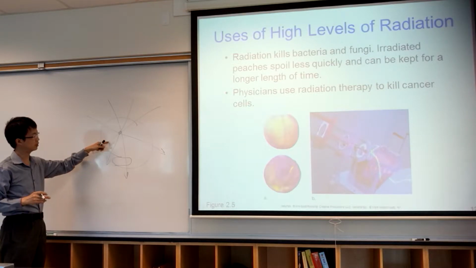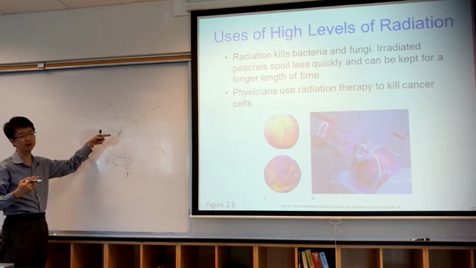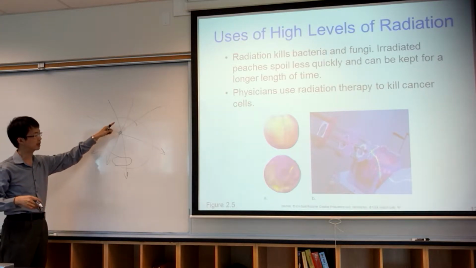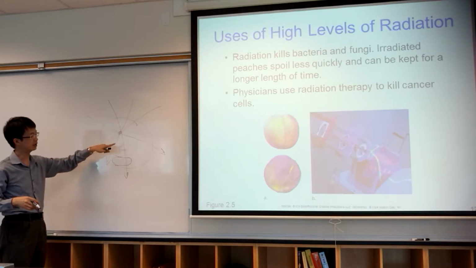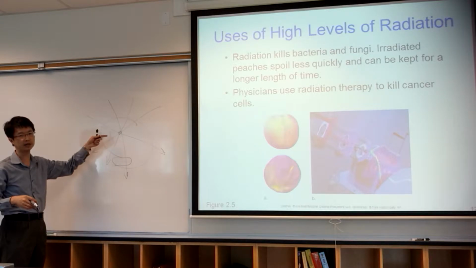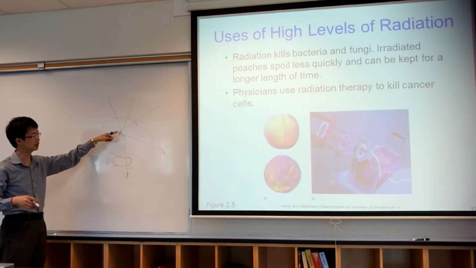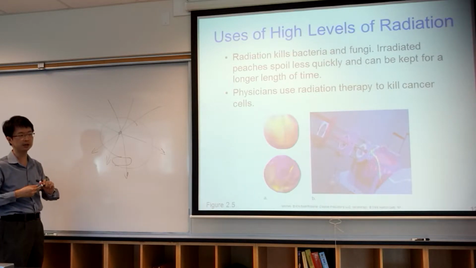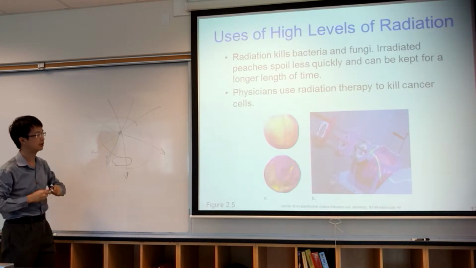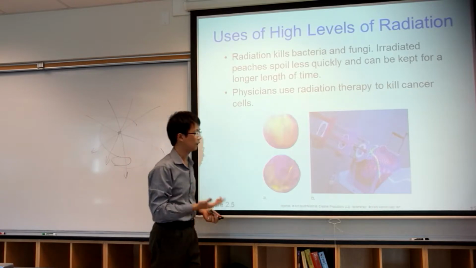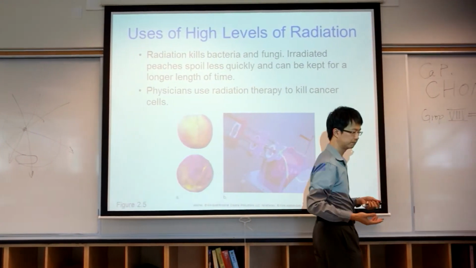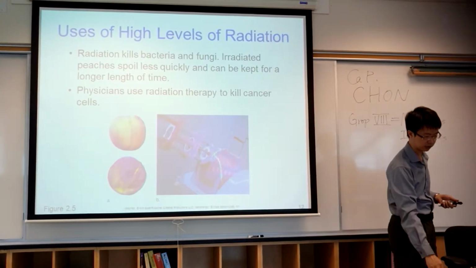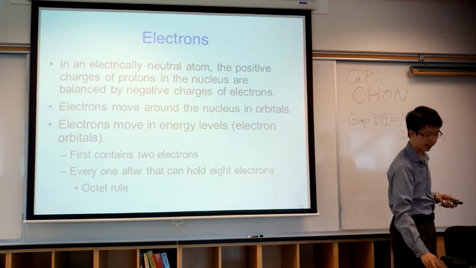When they're weak, they do not kill the healthy cells, and they also do not kill the cancer cells. But by adding all these weak radiation beams together at this point, you will kill the cancer cells there. So only at the point where they cross each other will they have high enough energy to kill the cancer cells. So in this case, radiation helps doctors to kill cancer.